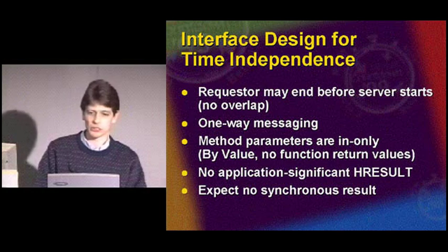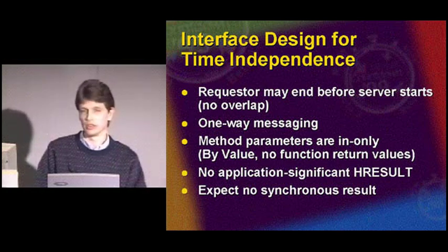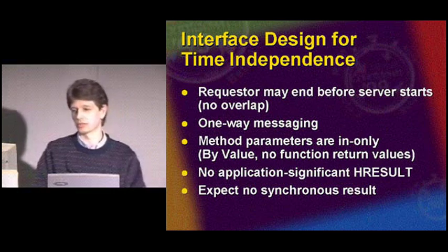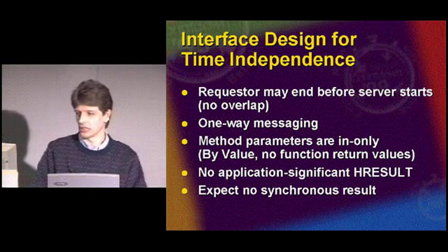All parameters have to be in only, and in Visual Basic that basically means using the ByVal keyword. You also can't have any application-specific HRESULTs. So calling a method may return an HRESULT, but that HRESULT almost certainly won't be from the server, because all that happened was a message got put into the queue, and then the method returned back to the client. The server never actually ran in order to get that HRESULT.